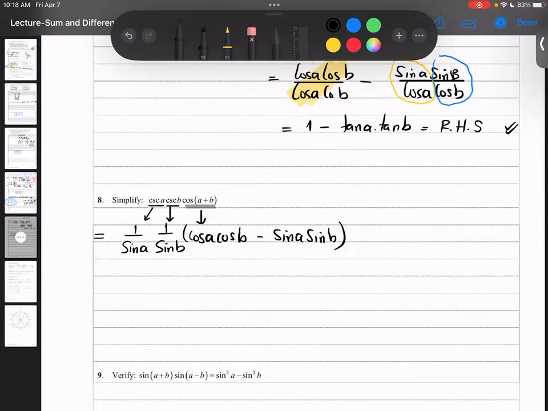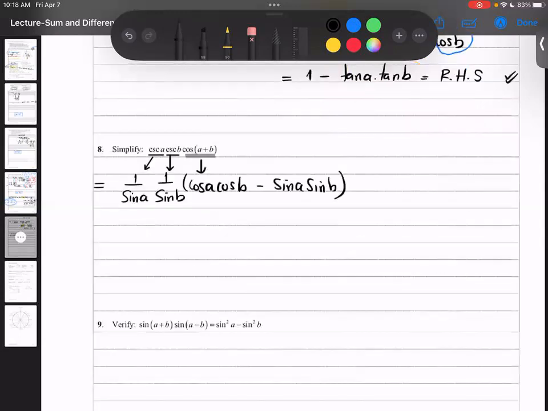Distribute, right? Multiply, distribute. I'm going to do two at the same time. If you distribute that, it's going to have cosine A cosine B over sine A sine B, minus sine A sine B over sine A sine B.